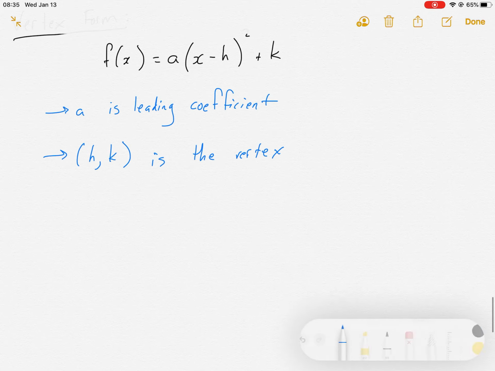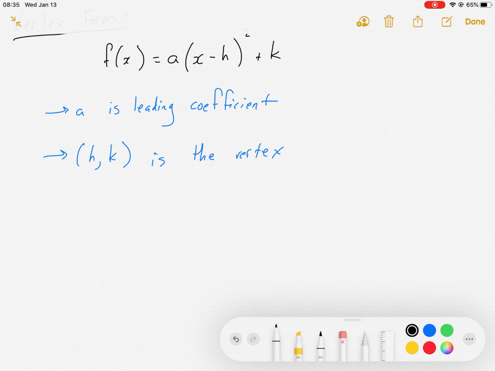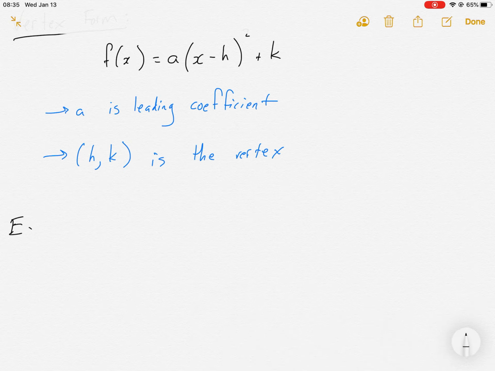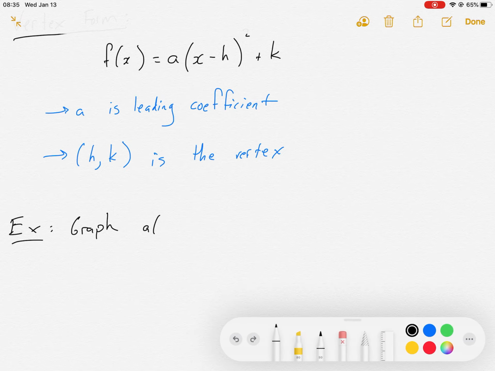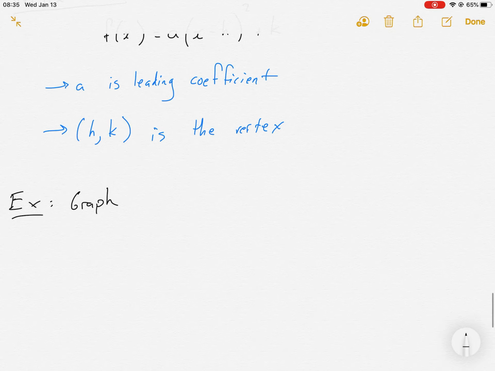So let's go ahead and take a quick look at an example. Let's say we had to graph the function, oh, I don't want to use a, sorry about that. Let's graph the function q of x equals 1/4 (x plus 1) squared, and then let's do minus 4.